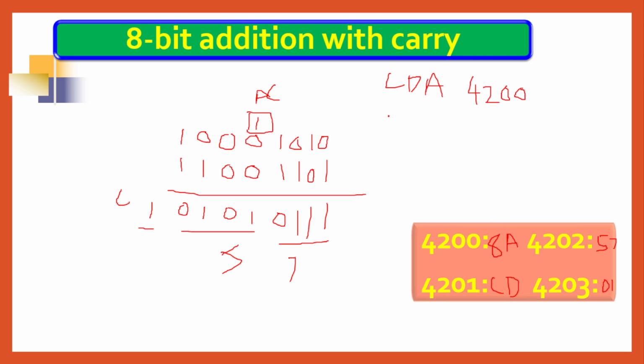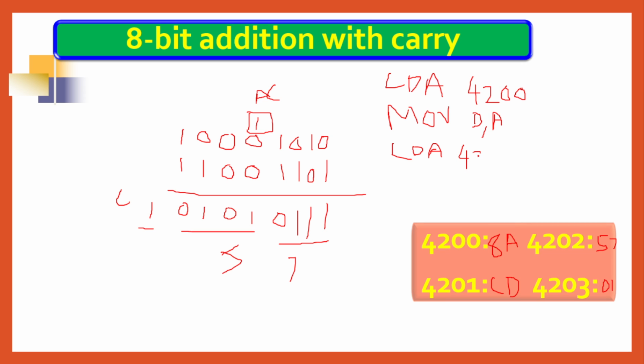That's why we have to make a copy of this data to some other register. So I am moving the data to some other register, for example the D register, from the A register. Then I can take the second one: LDA 4201.